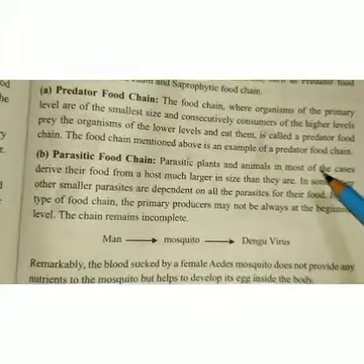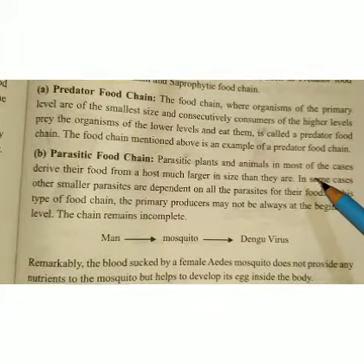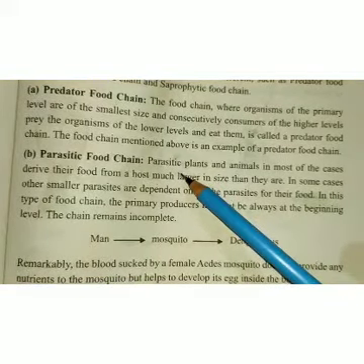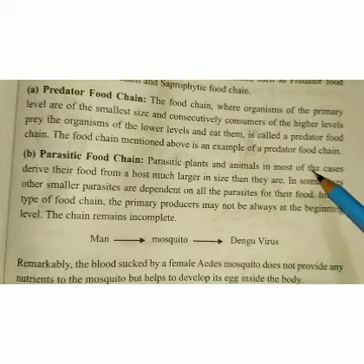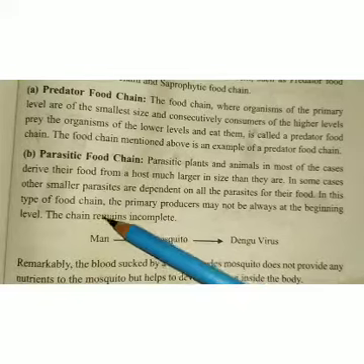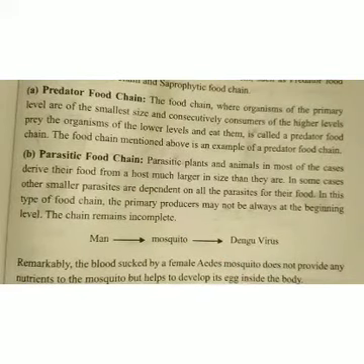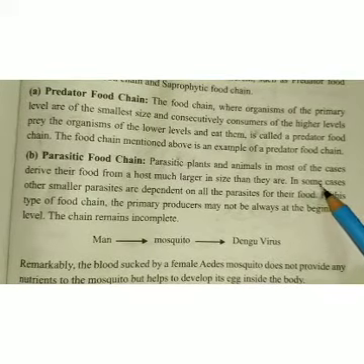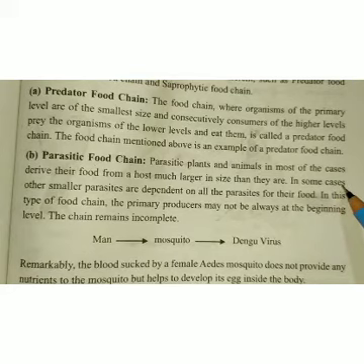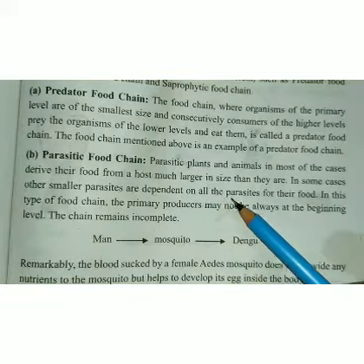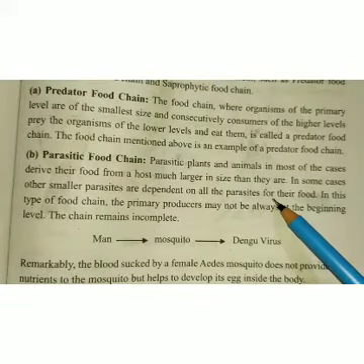And then the parasitic food chain. Parasitic plants or animals in most cases derive their food from a host much larger in size than they are. In some cases, the smallest parasites are dependent on other parasites for their food.